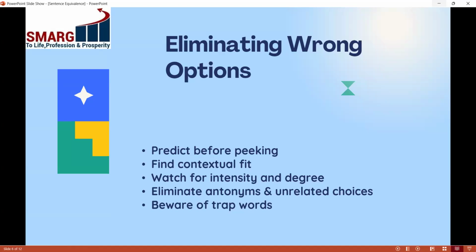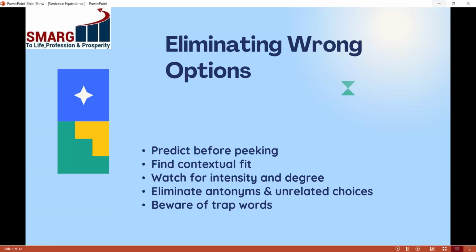This is something we were discussing previously also, that you have to be aware of trap words. This is something that happened with enthusiasm, relish, and penchant. Enthusiasm was a trap word, right? And then we discussed how it is different. Enjoying something versus being excited for something are two very different nuances.